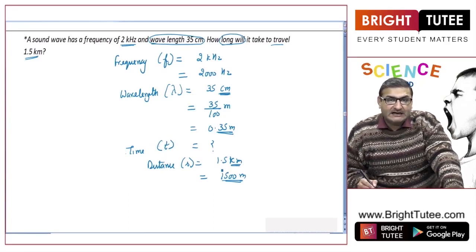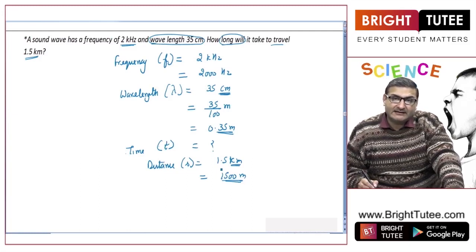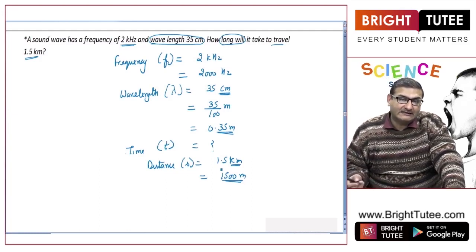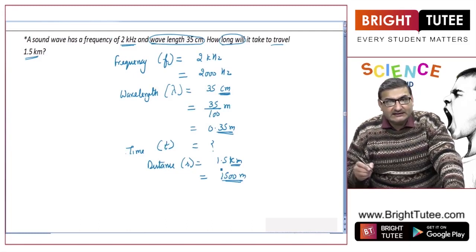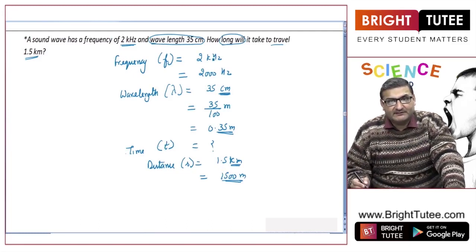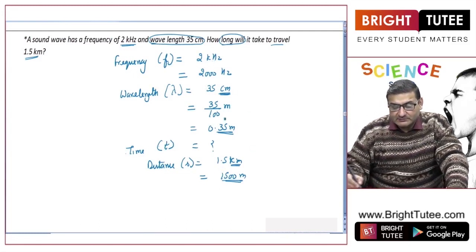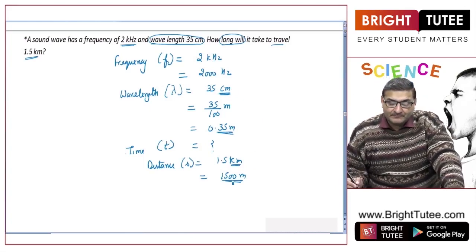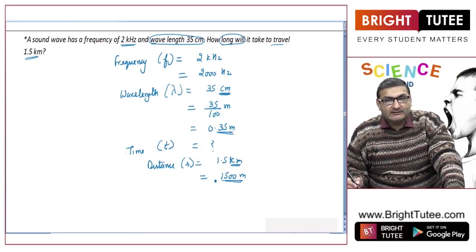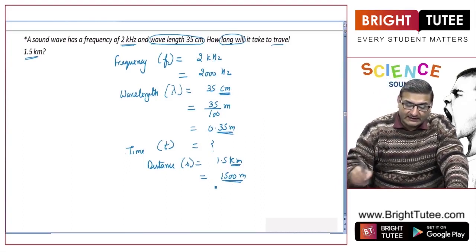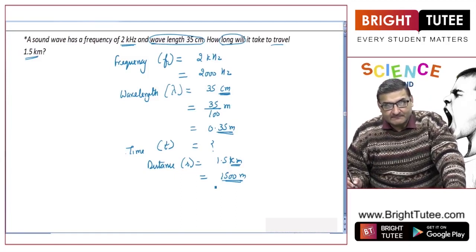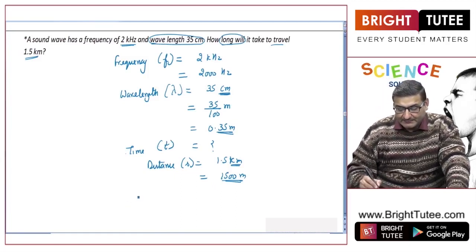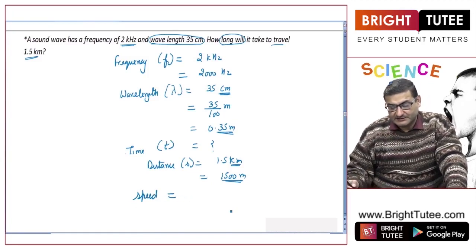We are not being asked the time period, because had it been the time period, I would have simply taken it the way I did in the previous question: time period is equal to 1 upon f. Then all these values which are given to us would become redundant, useless. But we have to calculate the time taken by this wave to travel this much distance. And for calculating time, I know the formula that we have been using since the first chapter.